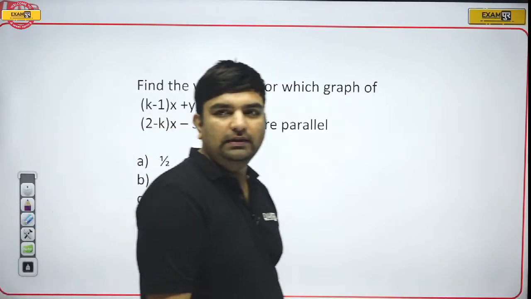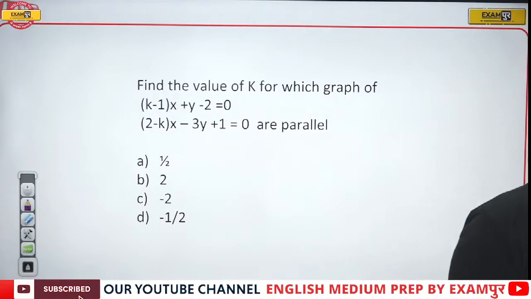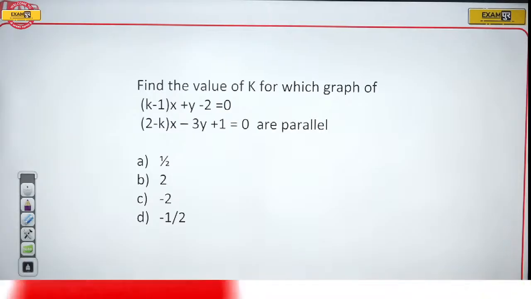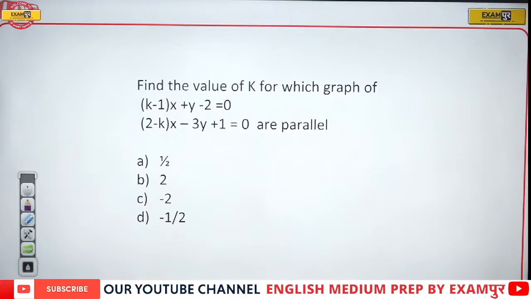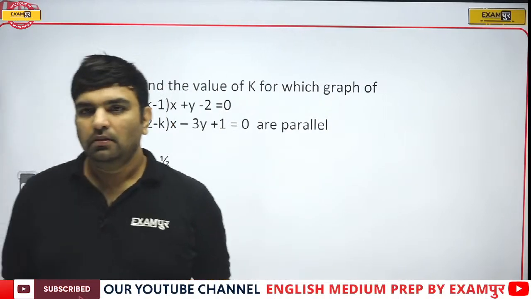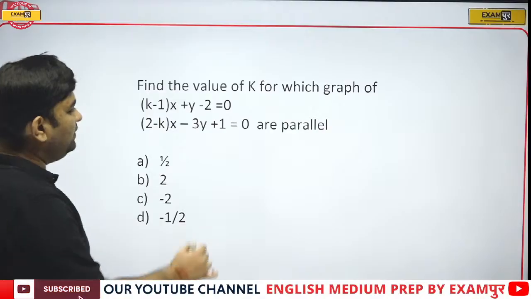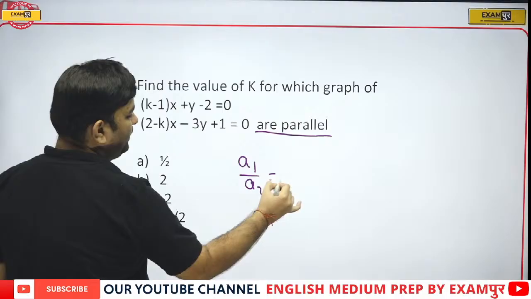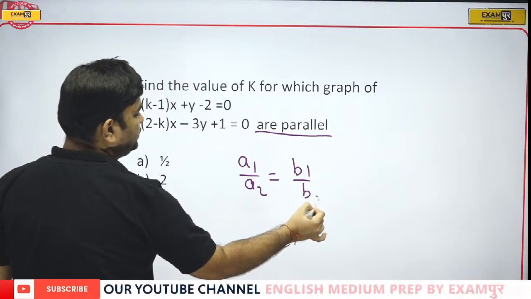For what value of k are these graphs parallel? Parallel means A1 upon A2 should be equal to B1 upon B2.